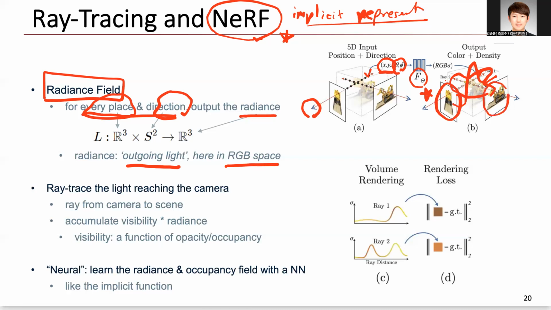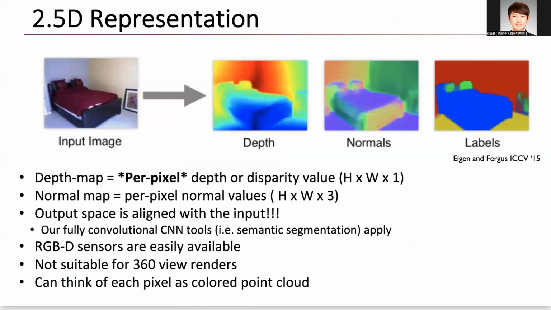Then we can not only reconstruct the 3D information but also achieve novel view synthesis. So this is NeRF. We'll talk about this in detail later. So anyway, this is kind of the 3D representation technique. Is there any question?